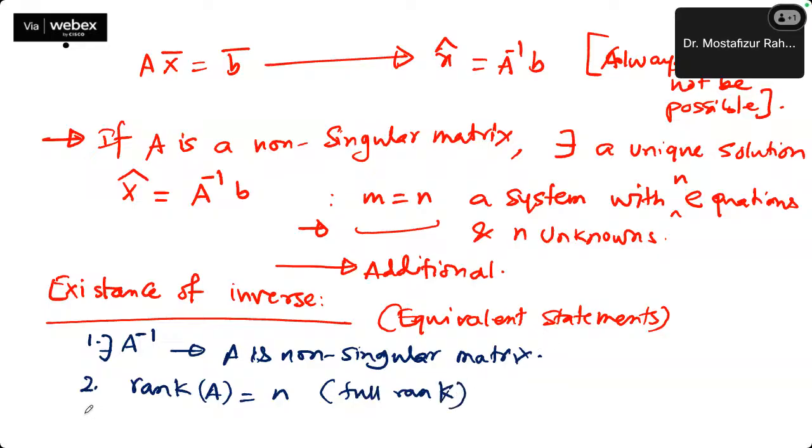Third, you start with a matrix A and you perform the Gauss-Jordan elimination. I'm not going into any of these methods, Gaussian elimination.